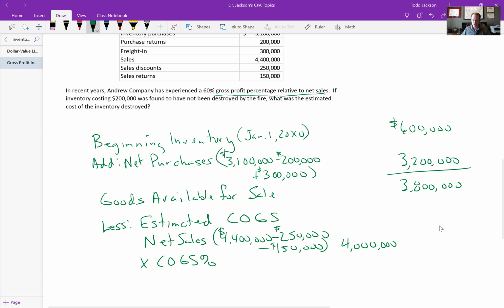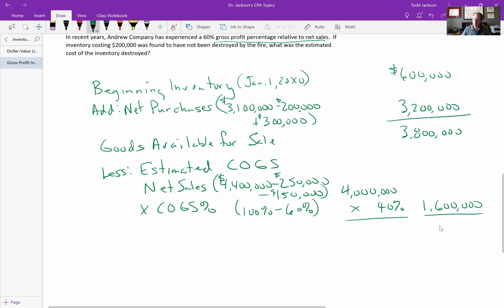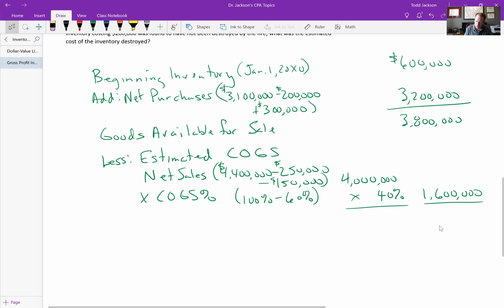That's the gross profit percentage. The cost of goods sold percentage will be the complement of that. So we'll just note that that's 100% minus 60%. And so it's 40% as our factor. And that of course gives us 1.6 million as our estimated cost of goods sold.